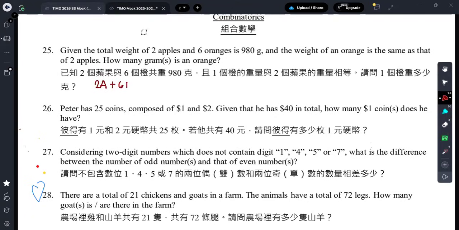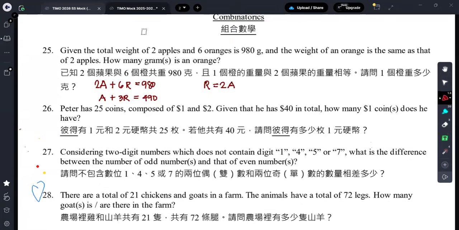I'll put oranges as R. That is equal to 980. If you divide this by 2, A plus 3R is equal to 490. And the weight of an orange is the same as 2 apples. How many grams is an orange?